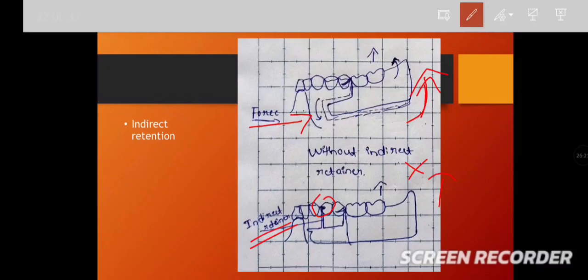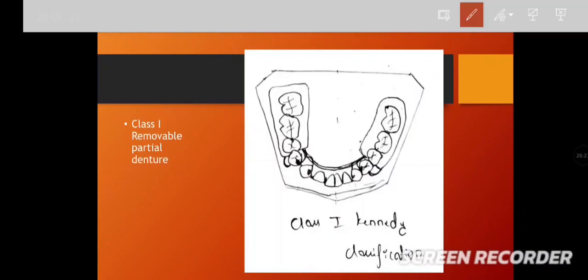So, in this picture you can see the overall design concept for the class 1 removable partial denture. Here you can see they have used a direct retention on a premolar and indirect retention on a canine.